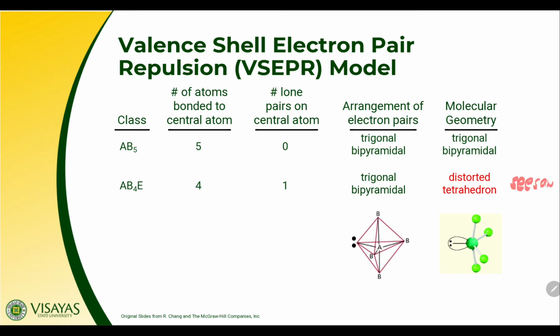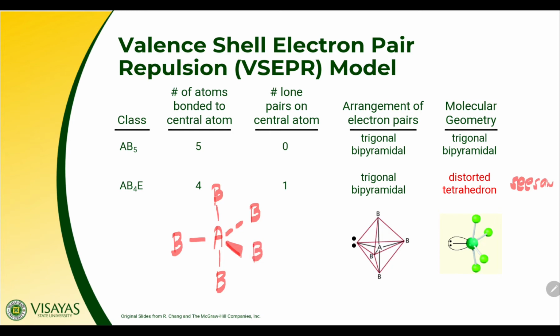Okay, so how do we draw a distorted tetrahedron? Let's go back to how we draw a trigonal bipyramidal. We have our central atom, then we have one at the top, one atom bonded at the bottom, then we have one on the side at the back, so a dash line, and we have one projected to the front, so a wedge line.